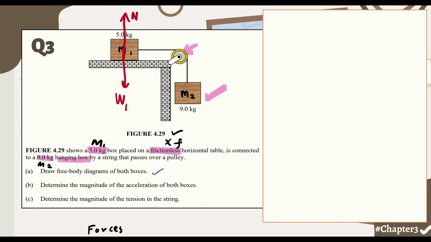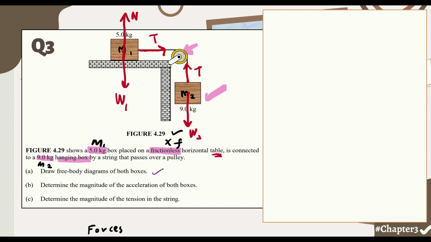We don't have any friction because it is a frictionless table. And we have tension. The direction of tension is always outward from the object. For mass number 2, we have weight W2, and we have T. It is always outward from the object.